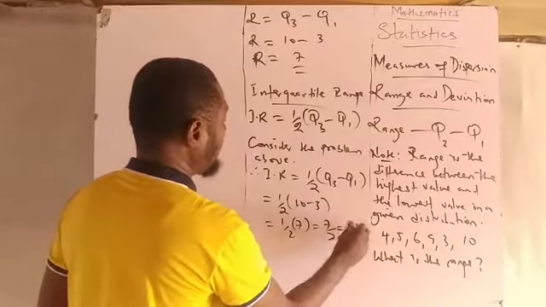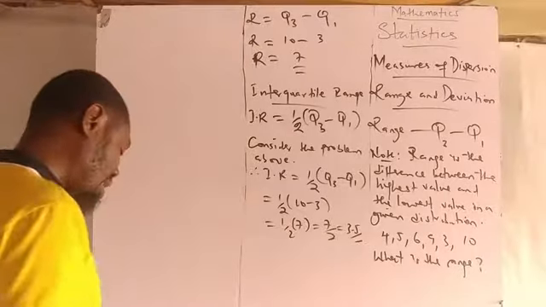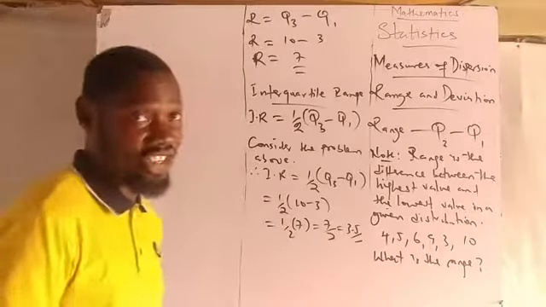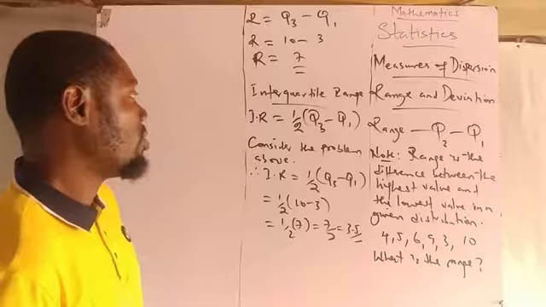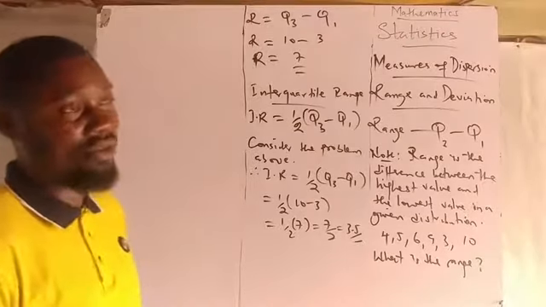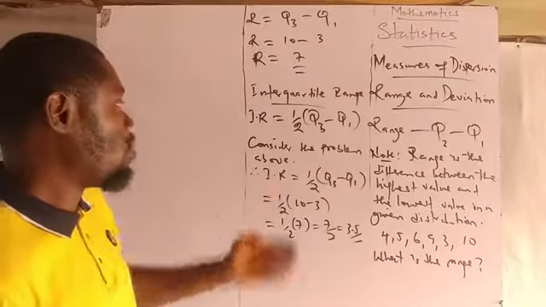That will give us 3.5. That is the interquartile range. It is 50% of what you have.